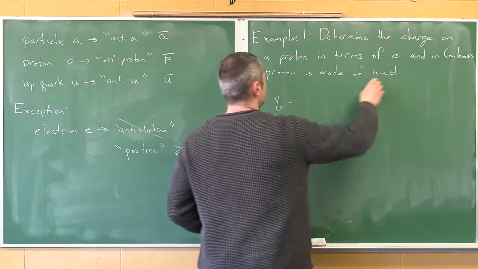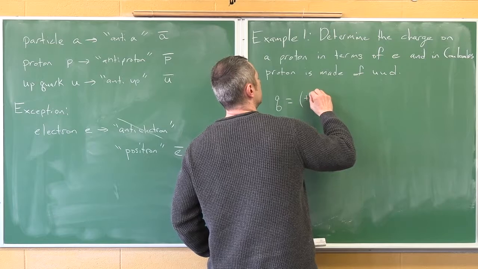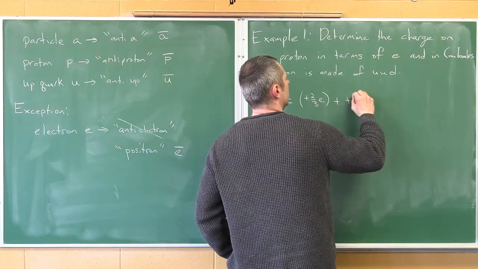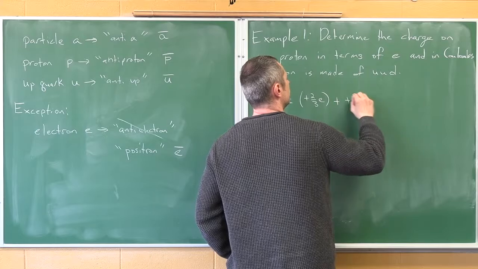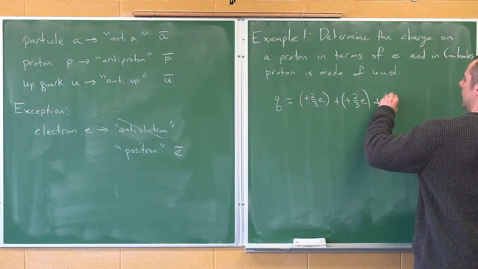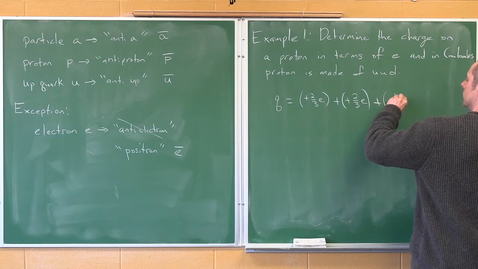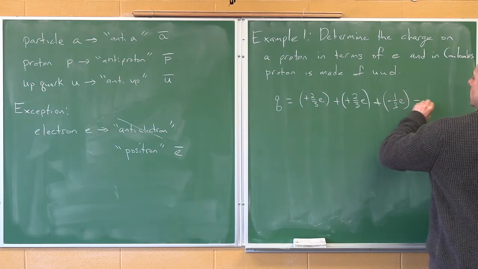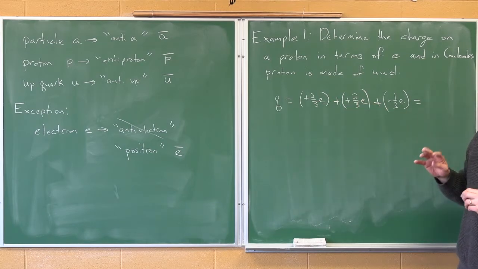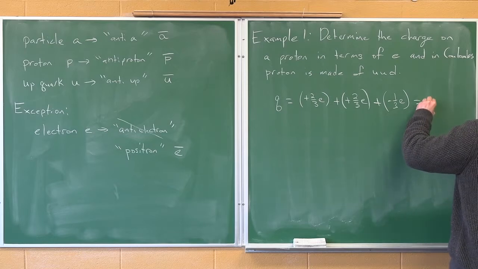So up, up, down is plus 2/3 e plus another 2/3 e plus a negative 1/3 e. When you add those up, plus 2/3 and 2/3 is 4/3, minus 1/3 is positive 3/3.